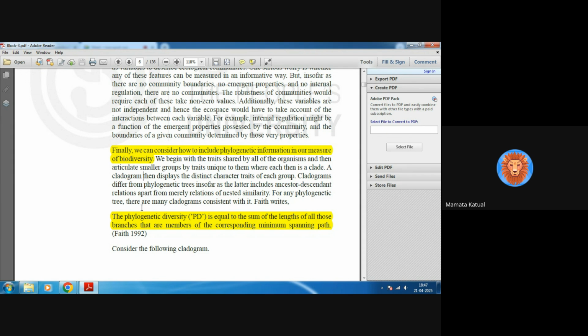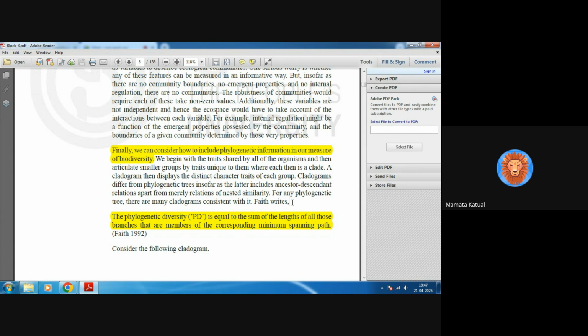It looks like a tree having branches, and it gives an idea about the evolution of different species, how the species have evolved, the evolutionary history, and also it gives the relationship.